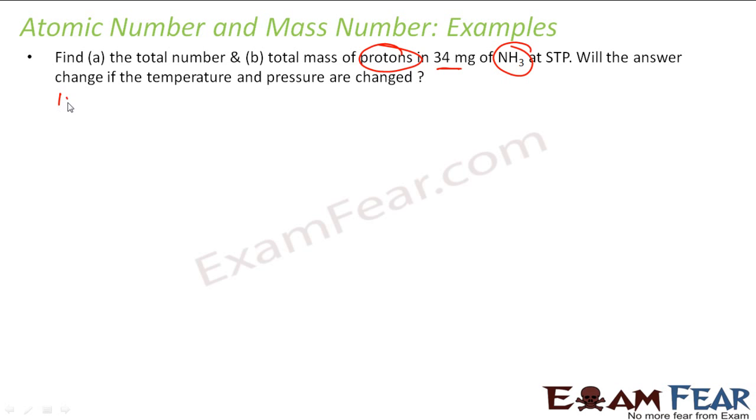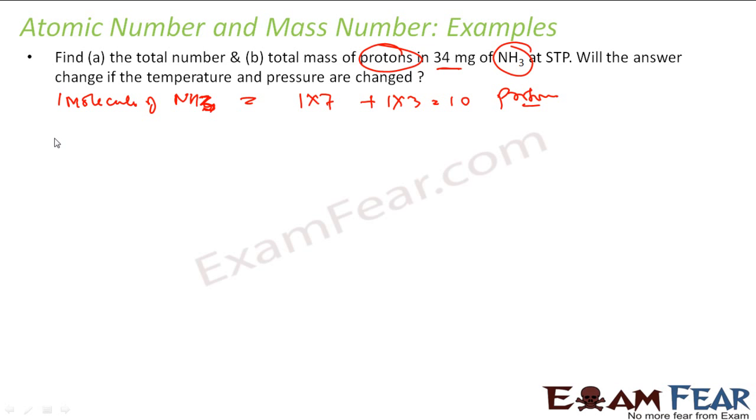First we'll find one molecule of ammonia. I wrote molecule because ammonia is a molecule actually, not an atom. It has nitrogen, which will have 7 protons, plus hydrogen will have 1 each, 1 into 3, so 10 protons. So one molecule of ammonia has 10 protons.